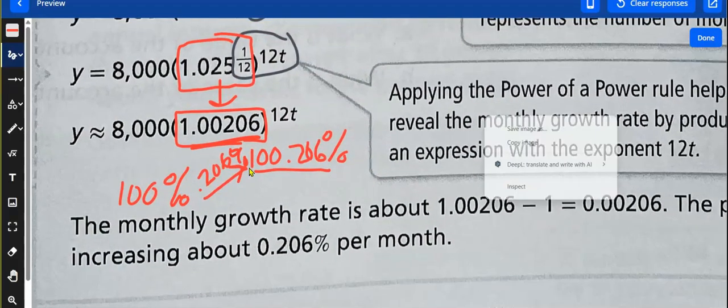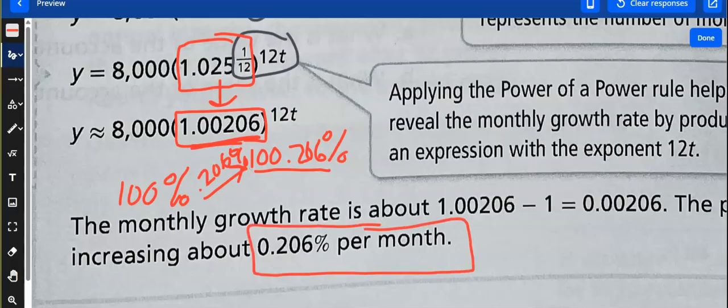So the monthly increase is 0.206% per month. Now you have a formula that you can use with months, not years.